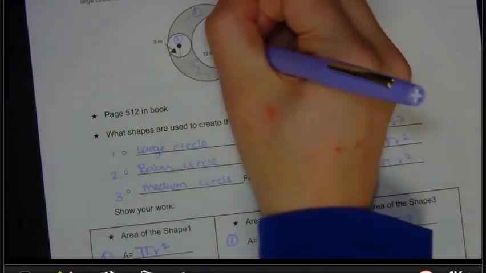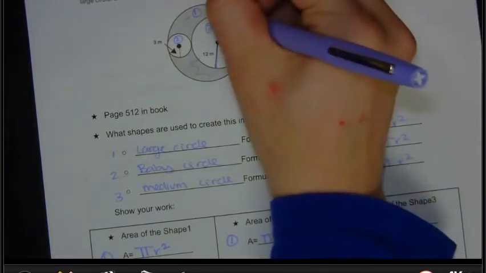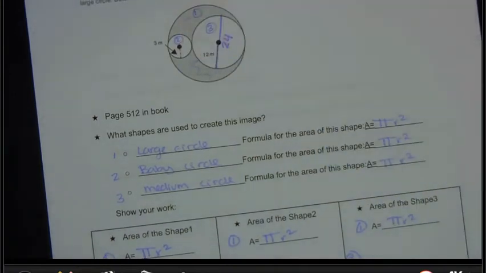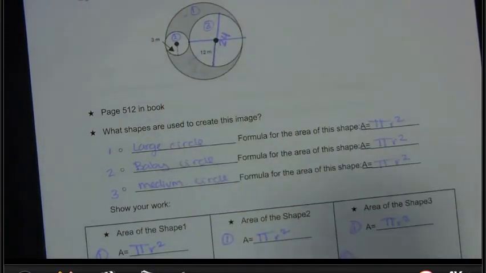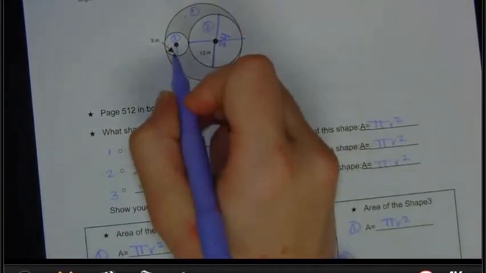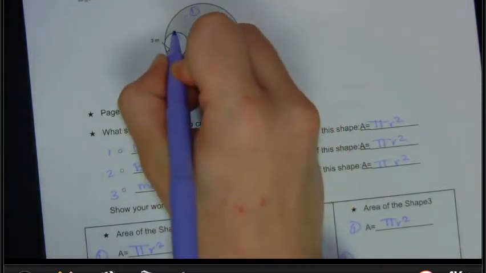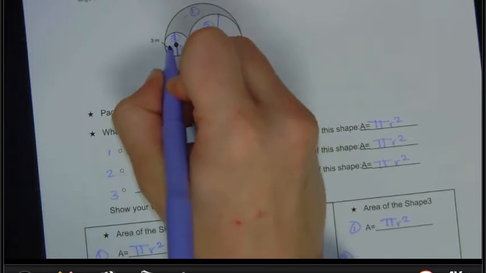Well, I know the radius of my large circle. He's 12. Okay, so what about the diameter? Well, my diameter is 24. Okay. And if you think about it, from here to here is 24 as well. Now I need to know this. Well, my radius for my small circle is 3. What about the diameter? So 3 plus 3 is 6.